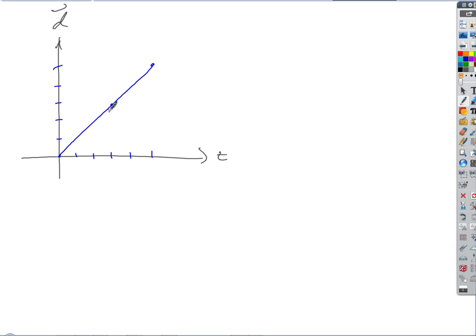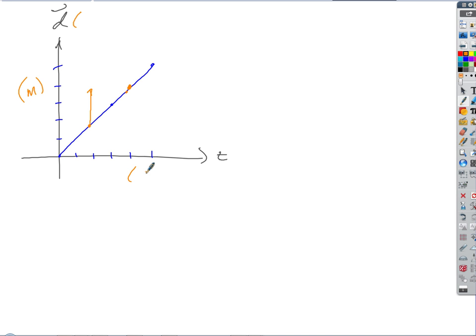The slope of a line is just rise over run, isn't it? Right? So if we were to go from, for example, this point right here up to this point right here, and we're going to calculate a slope triangle. Well, what is that? We're going to rise by, I didn't draw this very well, it's supposed to be more up there, I guess. We're rising by what? 2 meters, because presumably we're measuring distance in meters, right?